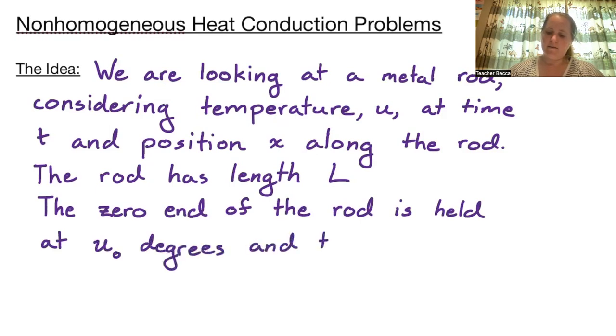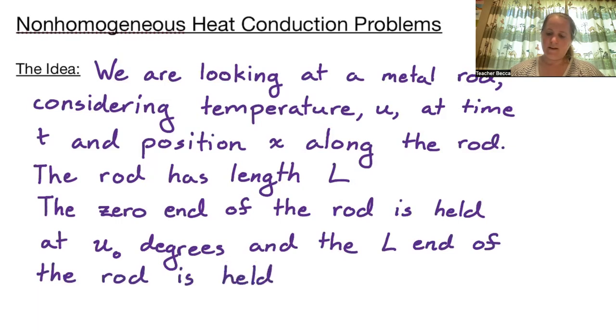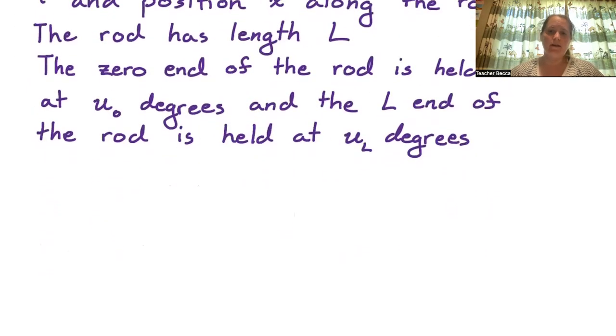And the L end of the rod, x equals L end, is held at U sub L degrees. So again, this is a change from our holding the two ends at 0.